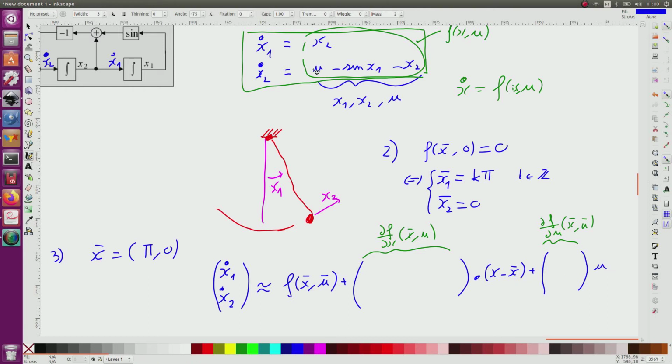So since u is involved in a linear manner, I see that I have 0 and 1 here, 0 and 1.